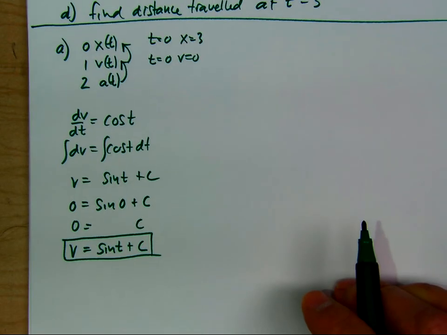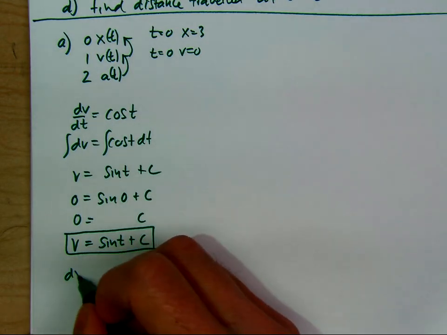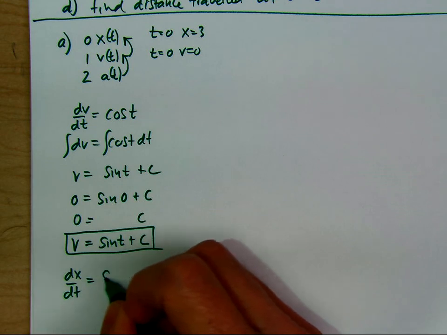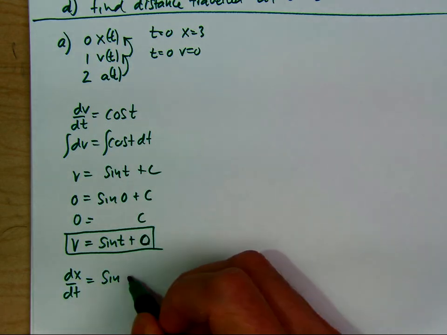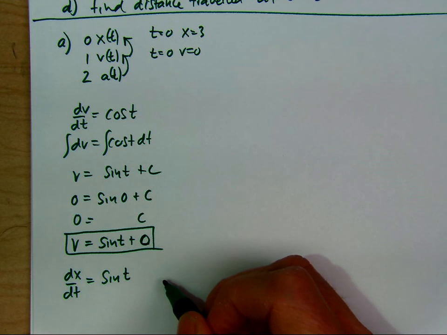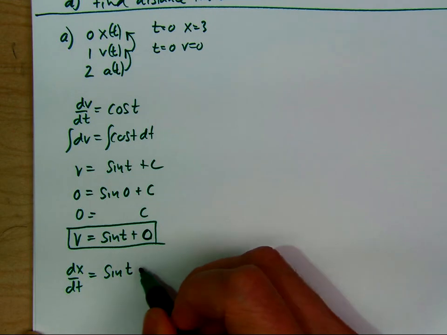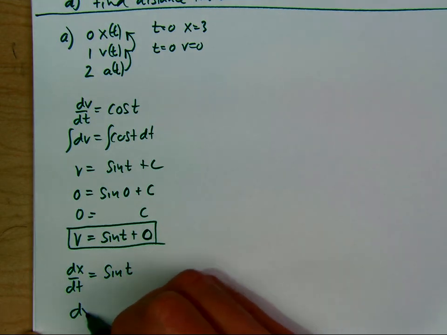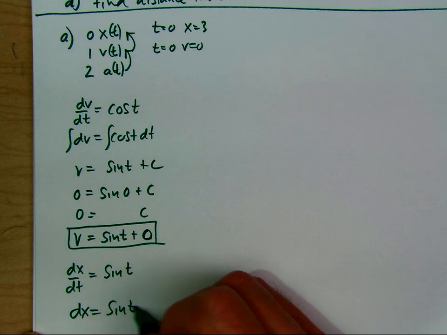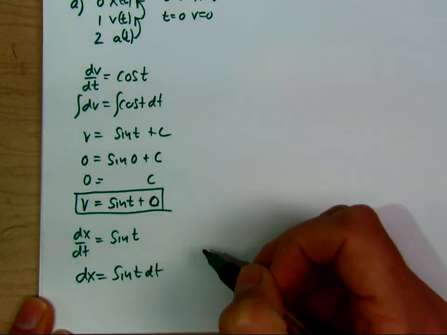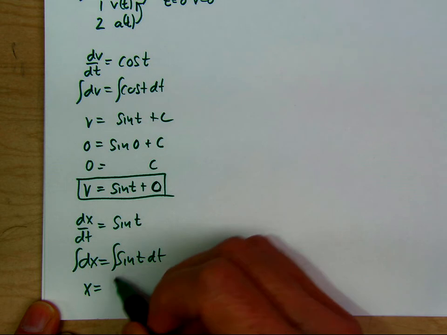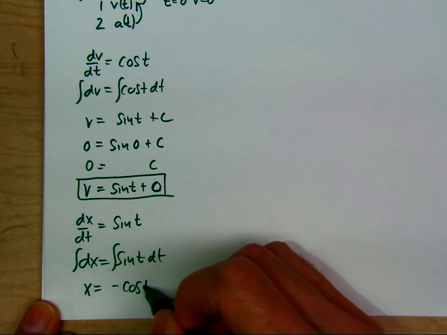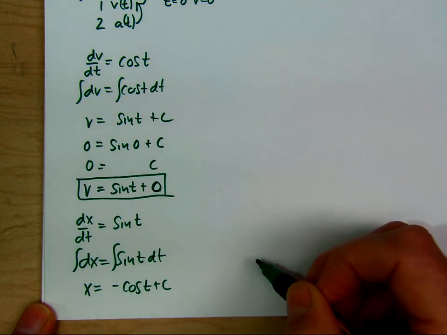And we know that velocity is the derivative of position. All right, and that allows us to separate the variables, integrate, and we have negative cosine t plus c is the general solution.